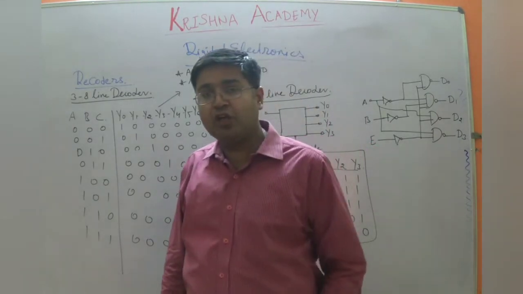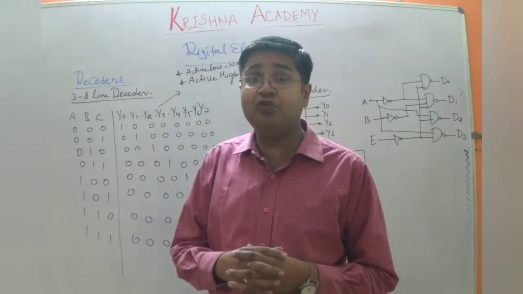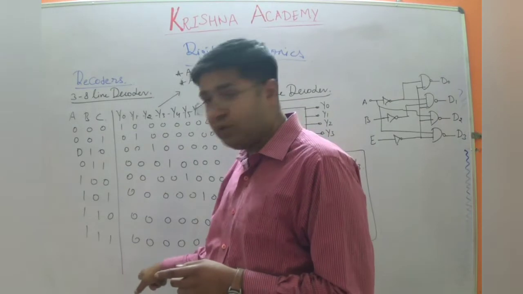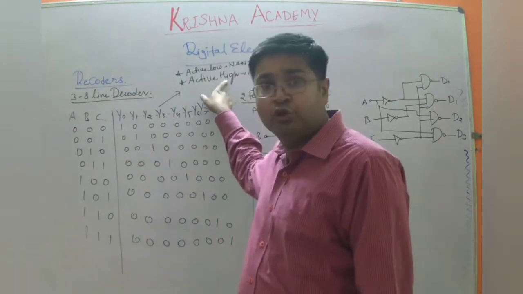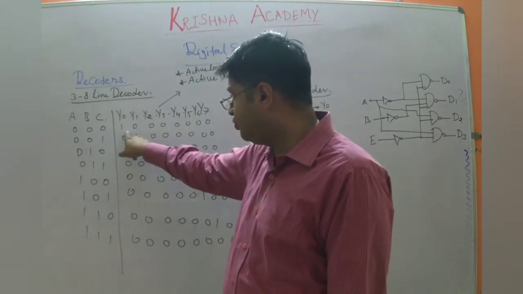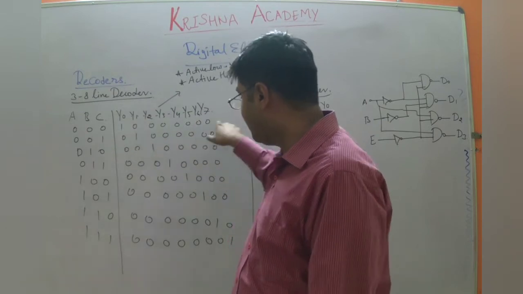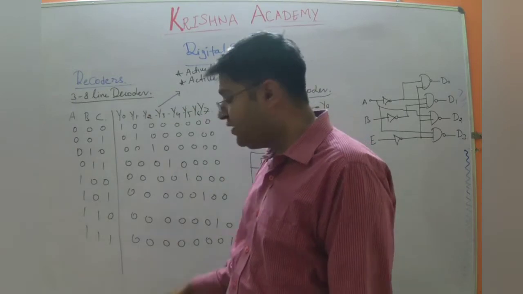So these terms indicate whether we are using 1 or 0. In this particular example, we are using active high. So AND gates will be used for this purpose, and Y0 is 1 and other outputs are considered 0. So this is called active high.